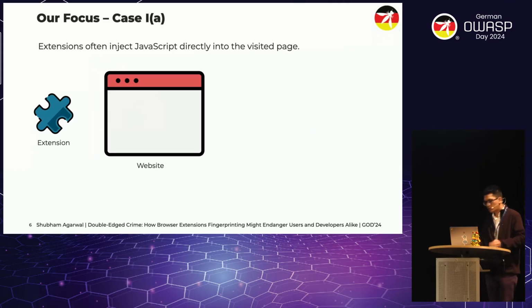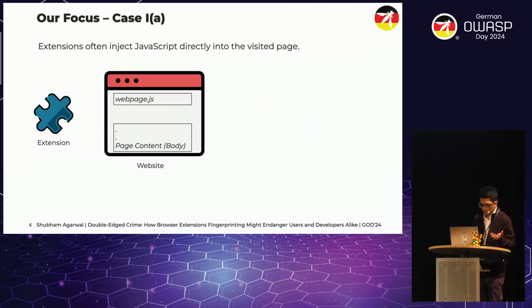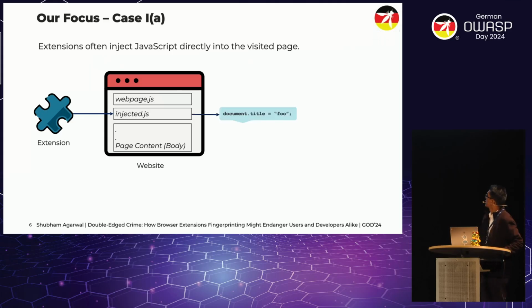So yes, we have an extension on a website here, and the website will have its own JavaScript and the main content. And here goes the extension script that gets injected. It's interesting to observe the ordering of the scripts shown here.